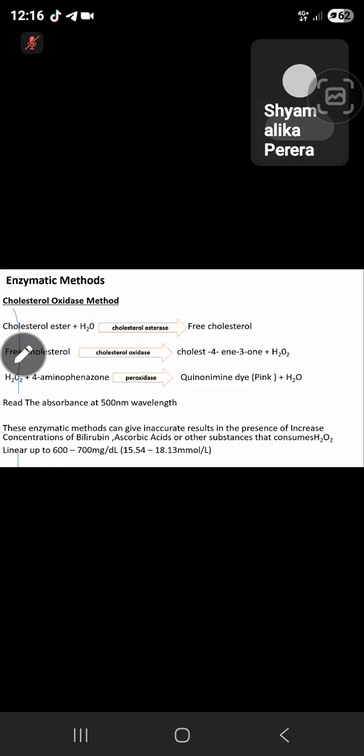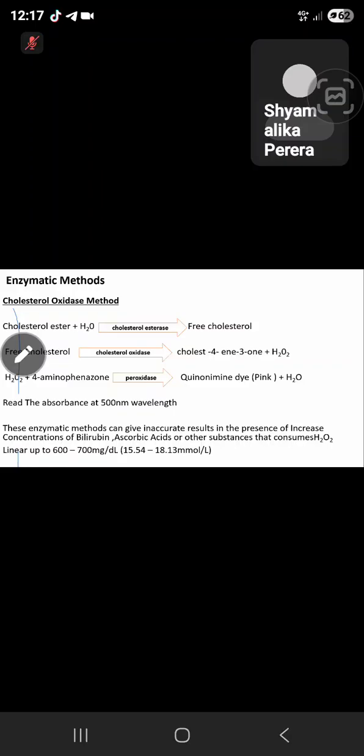So these enzymatic methods can give inaccurate results in the presence of increased concentrations of bilirubin, ascorbic acid, and other substances, because as I told you earlier in the glucose method, these substances directly destroy this hydrogen peroxide production.